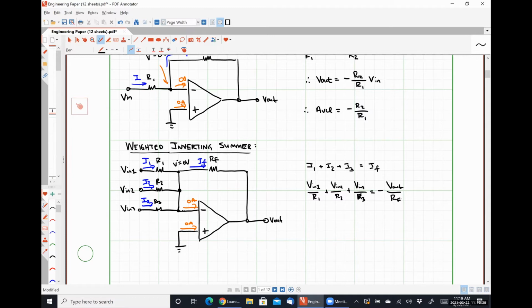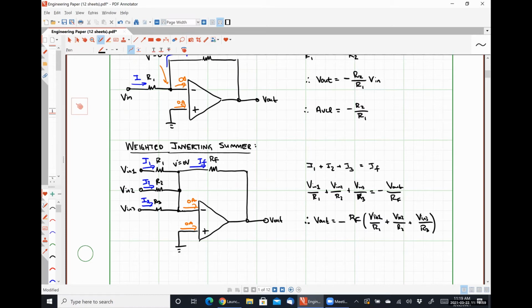And from this, I can see that Vout is negative RF times Vn1 over R1 plus Vn2 over R2 plus Vn3 over R3, etc.